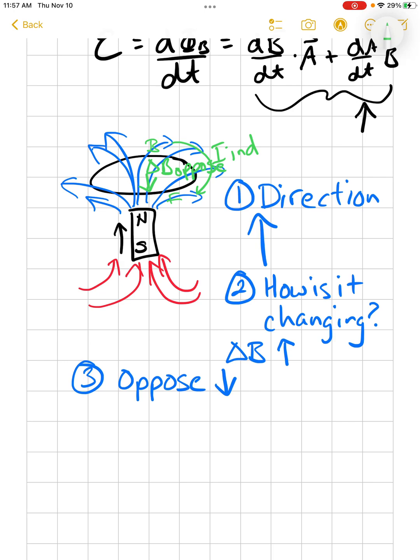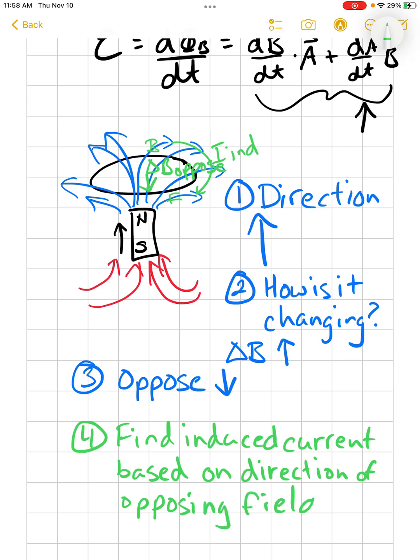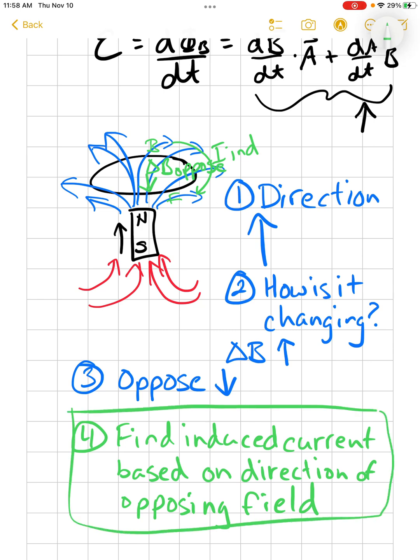Okay, so the fourth step is find the induced current based off the direction of opposition. Okay, so that's the last and final step to finding an induced current.